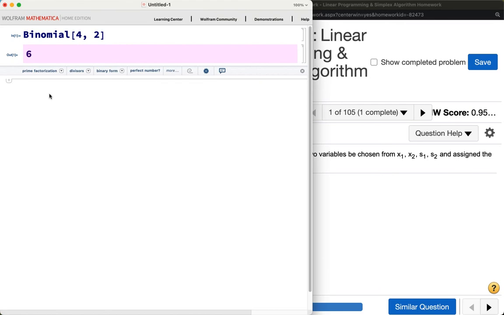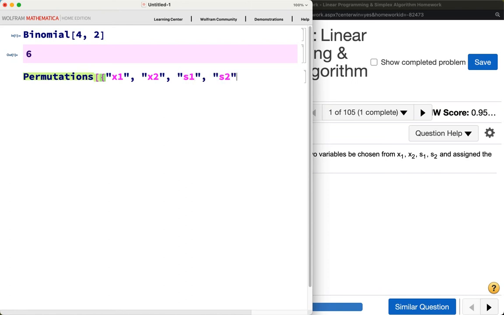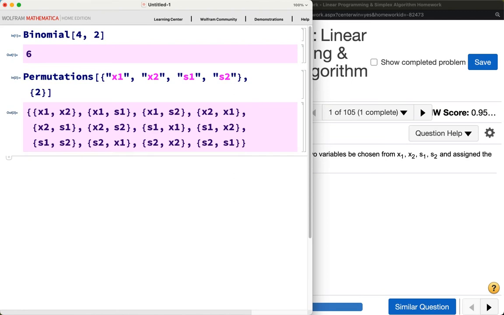So what are the different possibilities? See, if you do permutations, you're not going to get the right answer. I'm looking for two arrangements of 4 things, but this is going to be greater than 6 because here the order makes a difference.